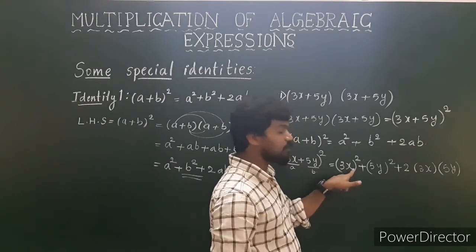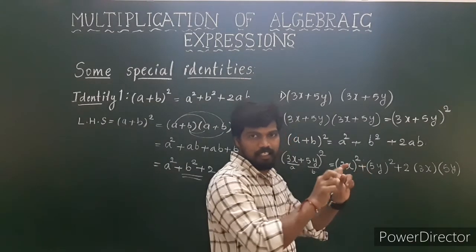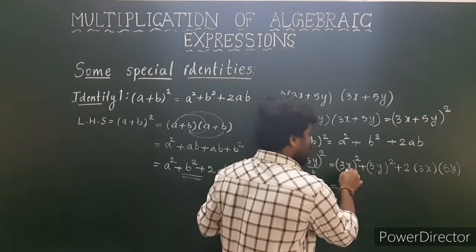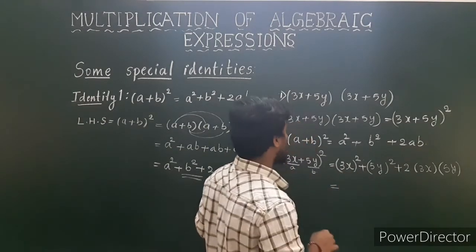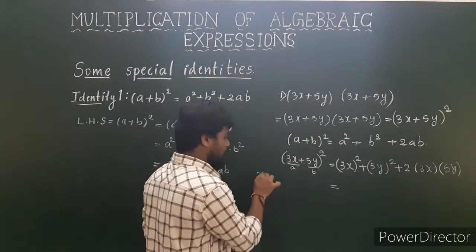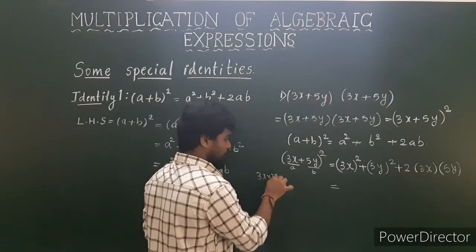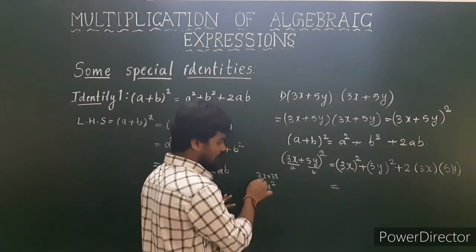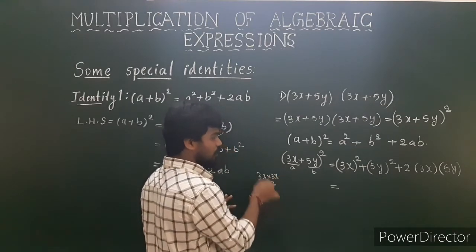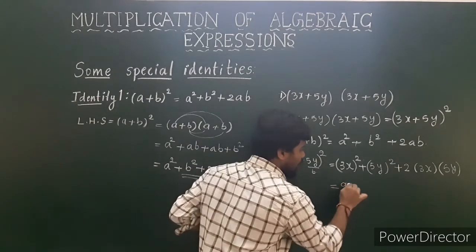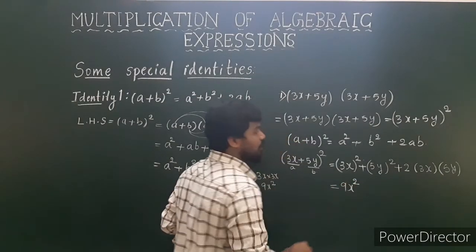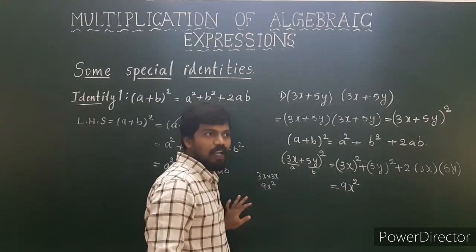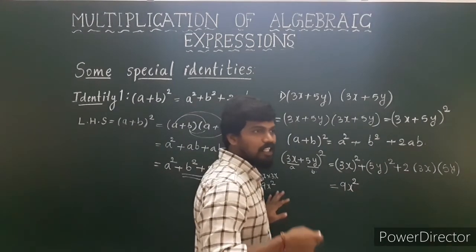So what is the meaning of 3x whole square? 3x into 3x. So 3 3s are 9, x into x, x square. So write 9x square. And what is the meaning of this one? 5y whole square means 5y into 5y.